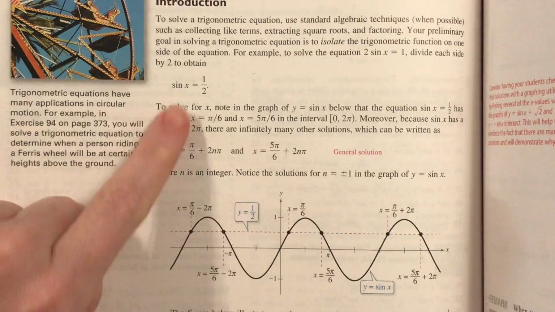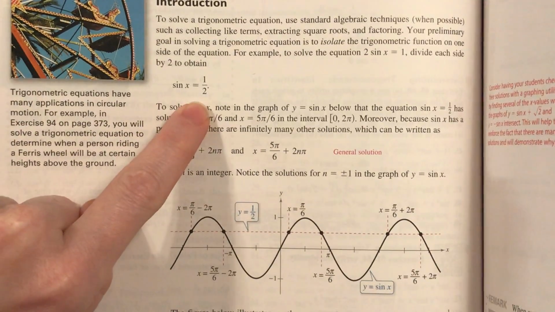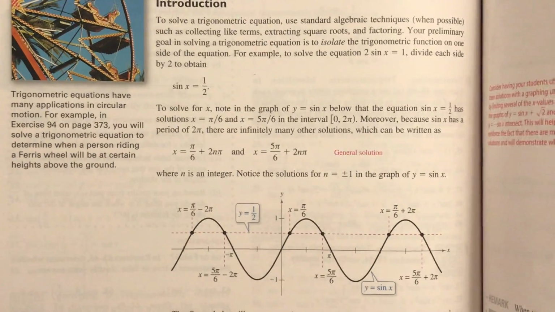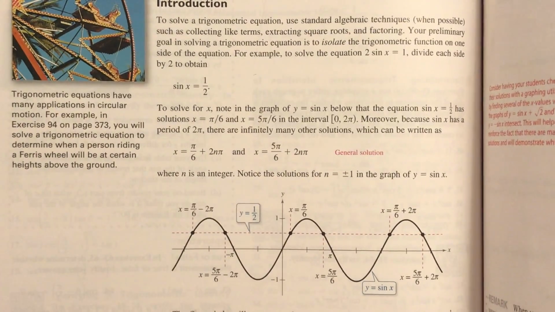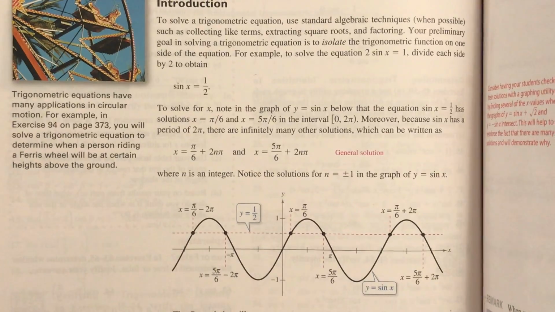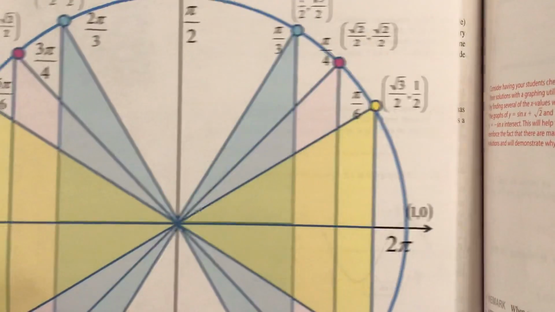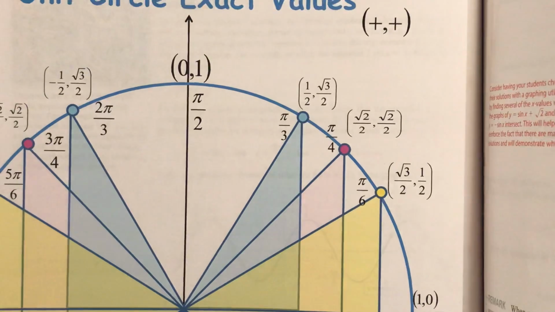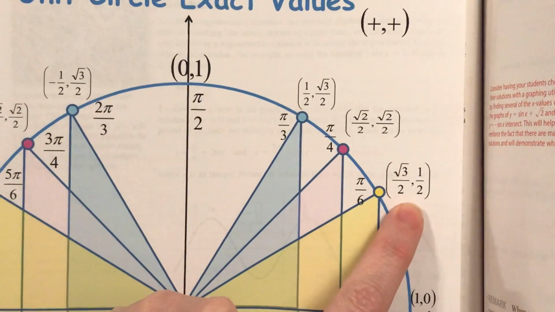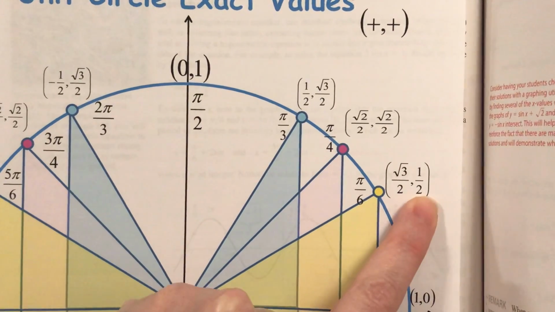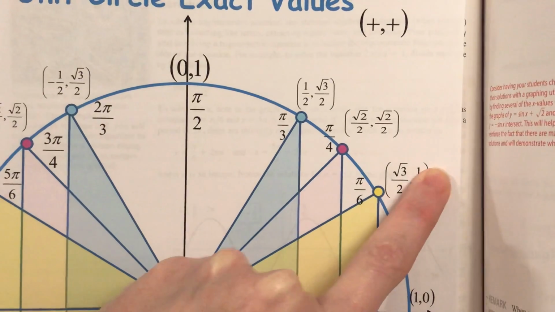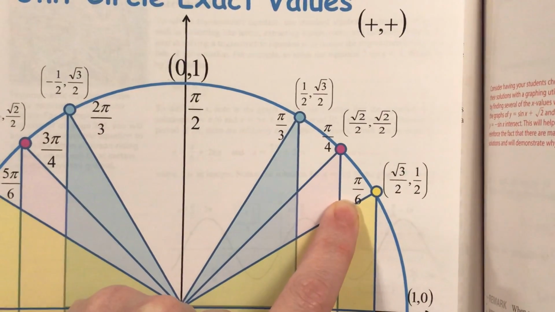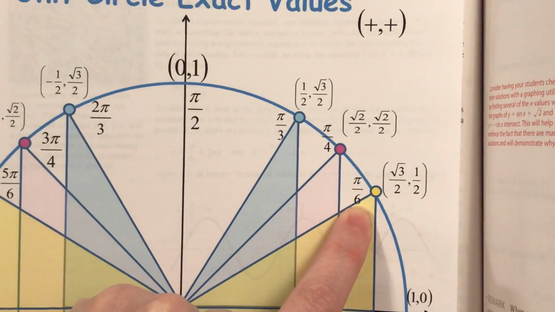Now, when you get to this point, sine x equals 1/2, you know from your circle, I'll show you a unit circle first. Sine is the y values, so when the sine is 1/2, then you're at pi over 6.